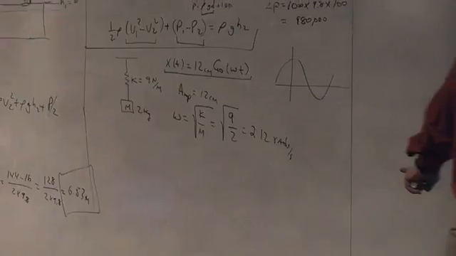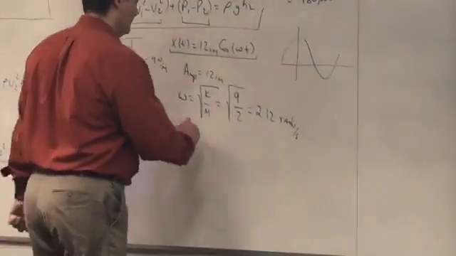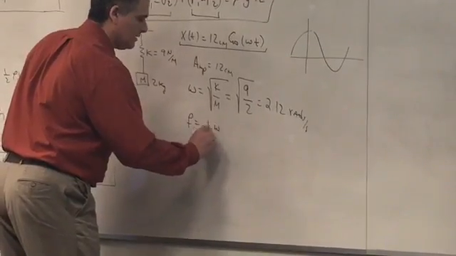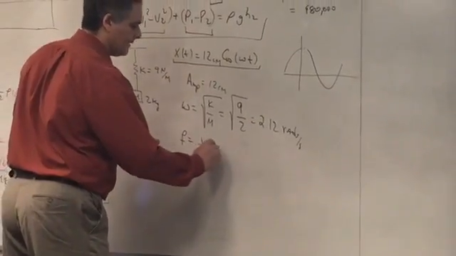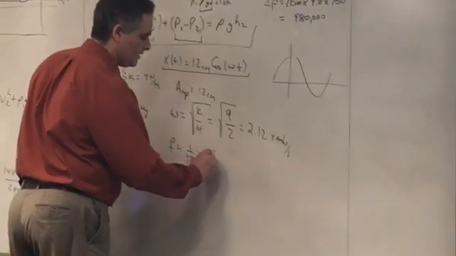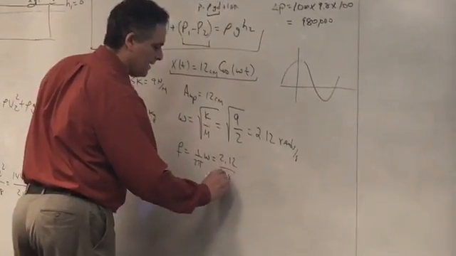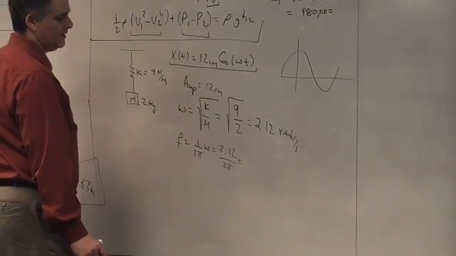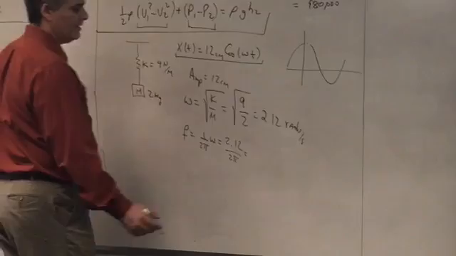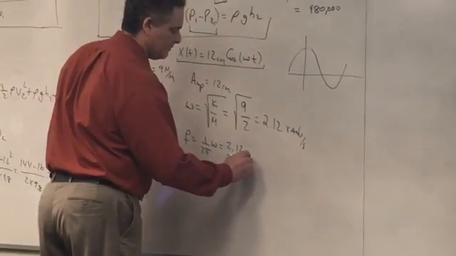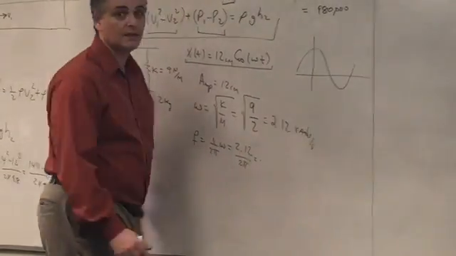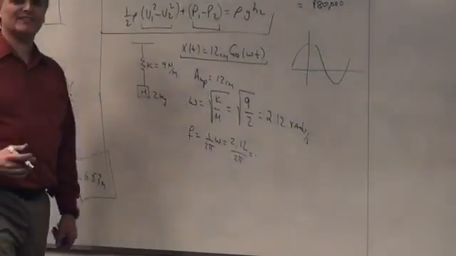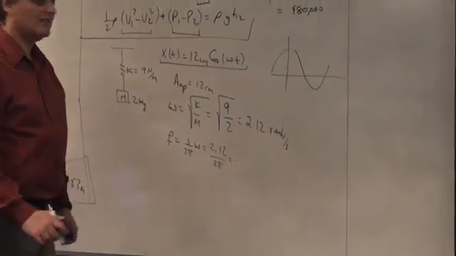The amplitude we have. The frequency, on the other hand, is 1 over 2 pi times omega. So this is 2.12 over 2 pi. What is it, like 0.3 something? Do you have a calculator? 3.37?